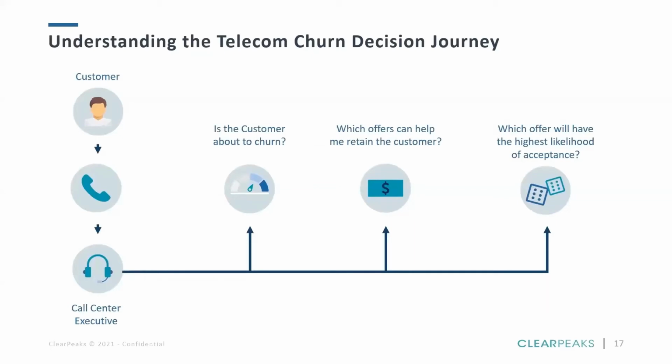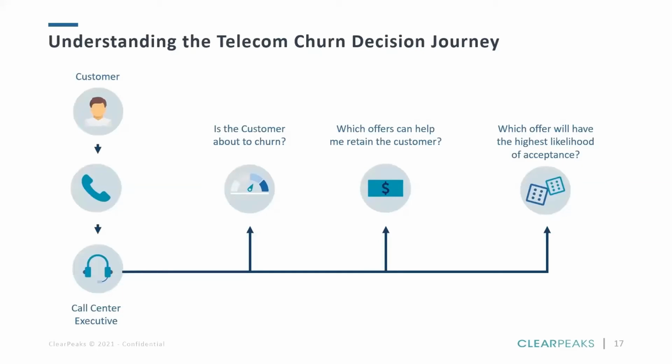For that, we build one model. Once we identify that a customer has called in, and the likelihood of that customer churning out is, let's say, 90% or 70%, the next question that comes into the call center executive's mind is, what do I do for this customer?